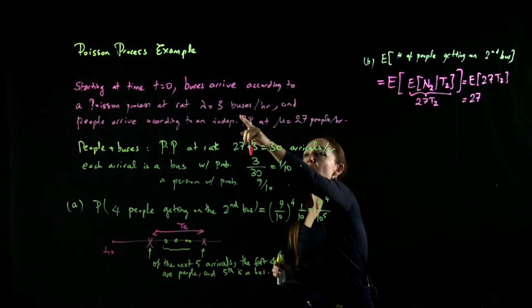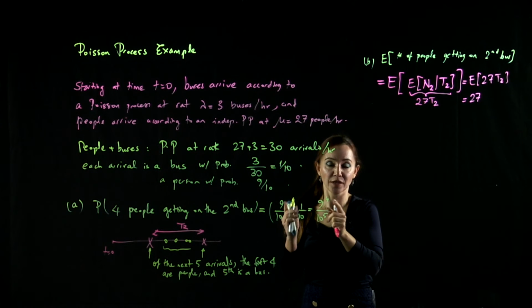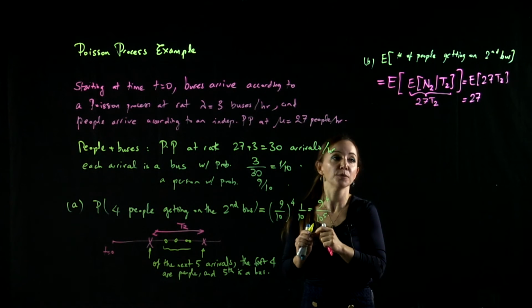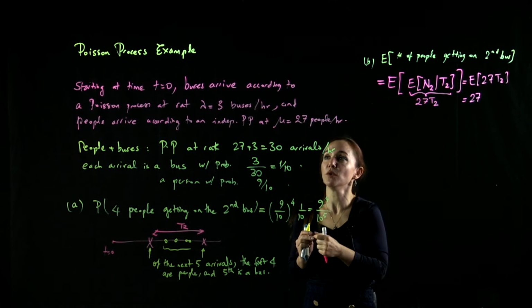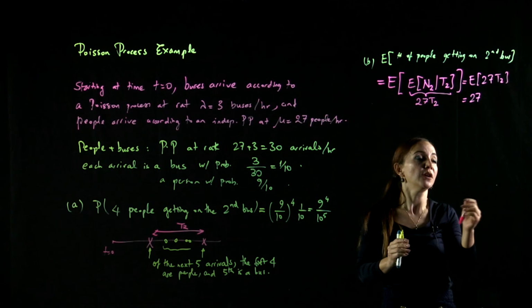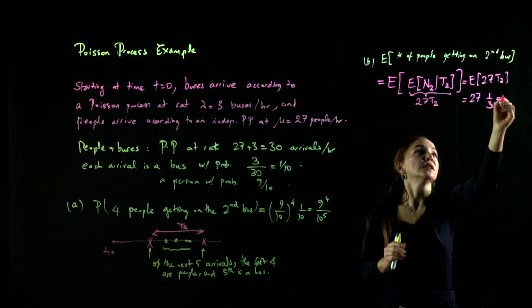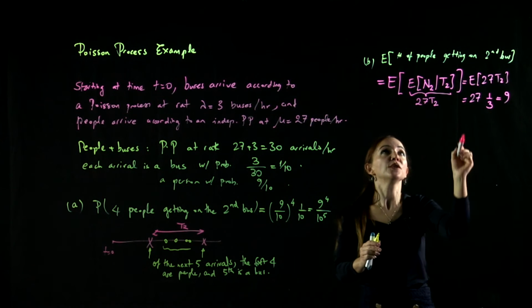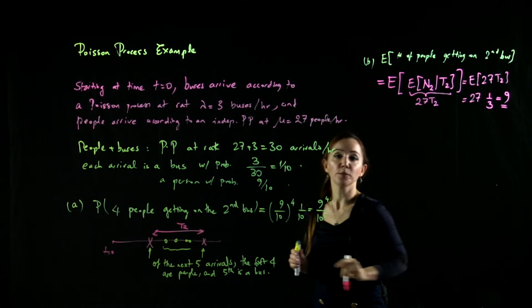Well, lambda is 3 buses per hour, so the amount of time between two buses is 1/3 hours, right? So this is 9. The expected number of people getting on the second bus is 9.